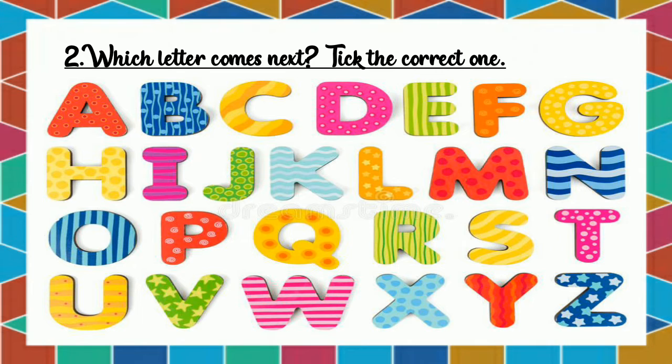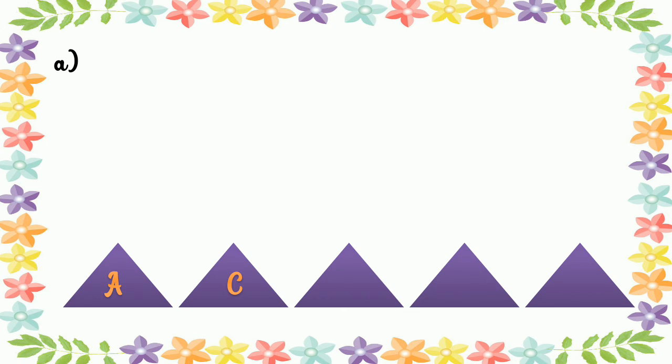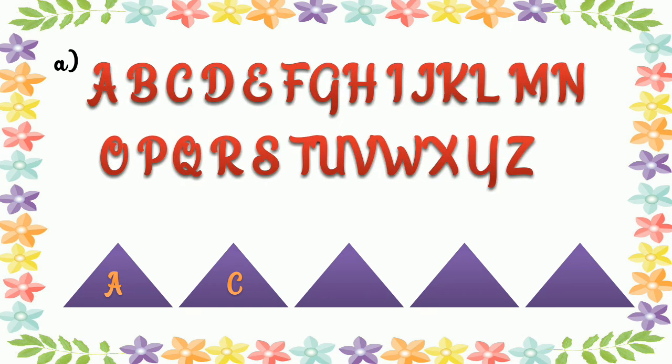So, children, here we can see our first question. Here we can see in a triangle A and C. So now we learn how we continue the series, or which letter comes next.